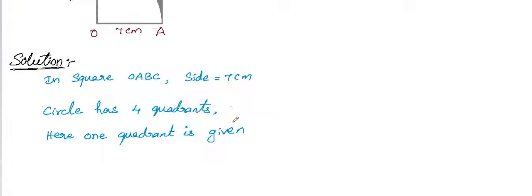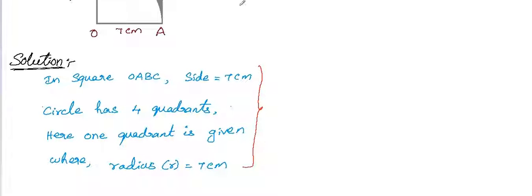So in this, the radius of the circle is the same, which is 7 centimeters. So first find the area of the square and then the area of the quadrant of the circle.